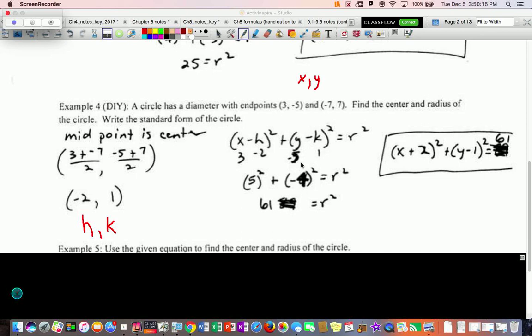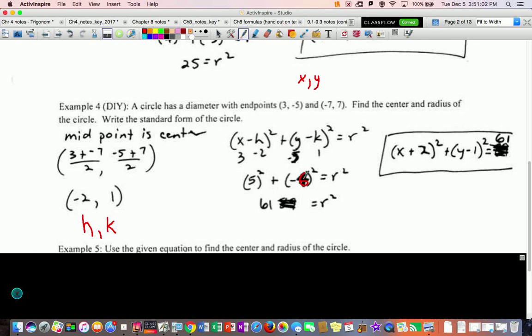What happened here? So 3 minus negative 2 would be 5. Negative 5 minus 1. So this should have ended up as negative 6.